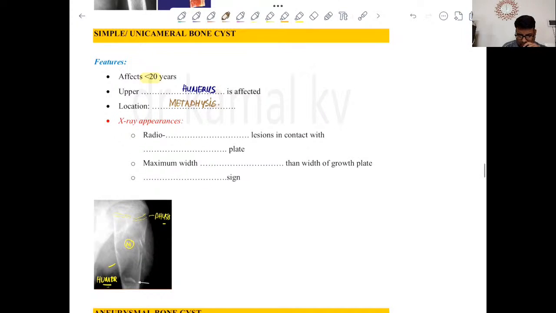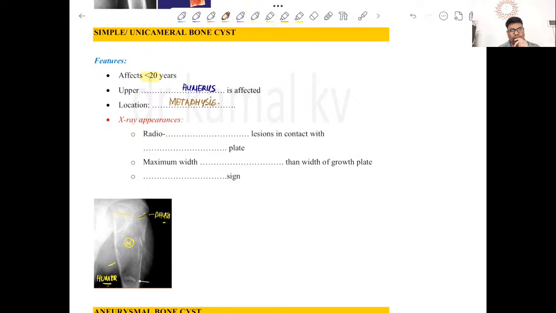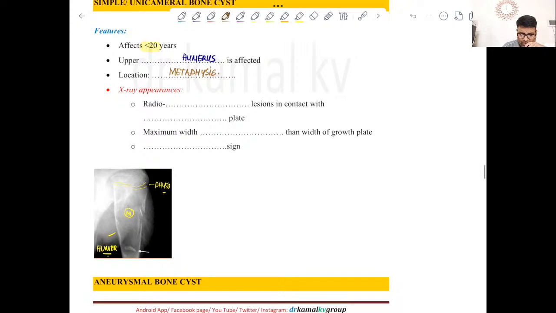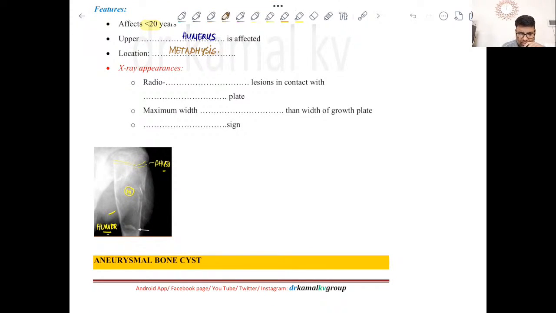So two things you can answer from this X-ray: upper end of humerus, metaphysis. Now what we can see on the X-ray is blackishness in the tumor. This is known as radiolucent or radiolucency. When I write the word lucent, the condition must appear black on X-ray.